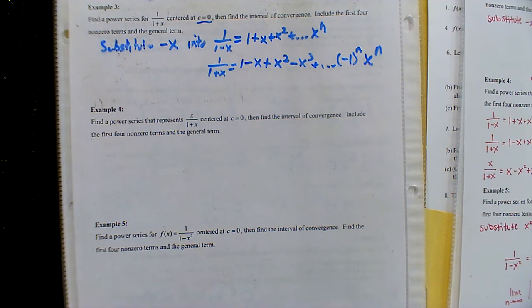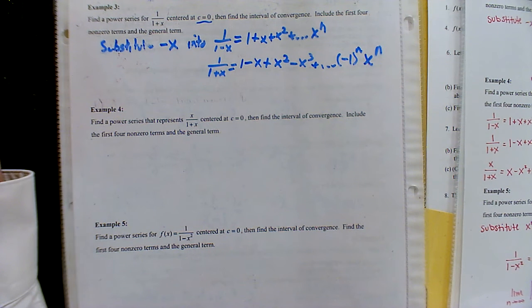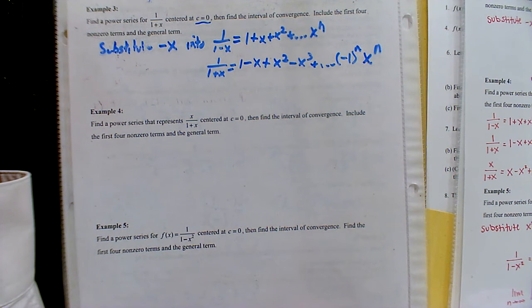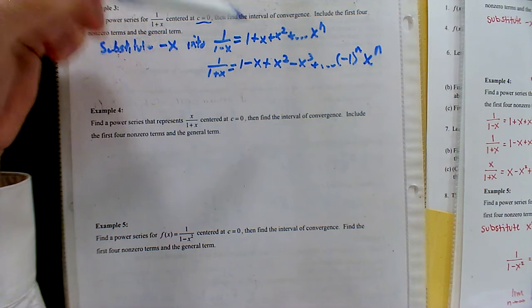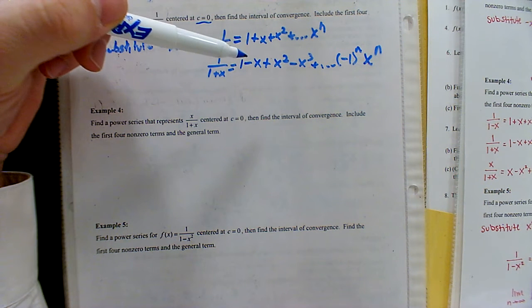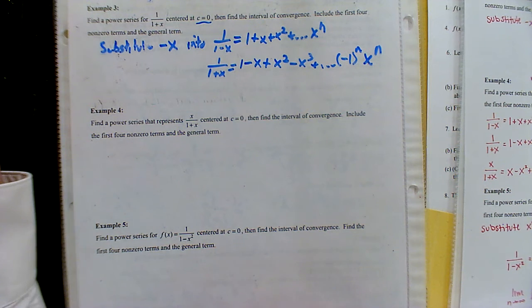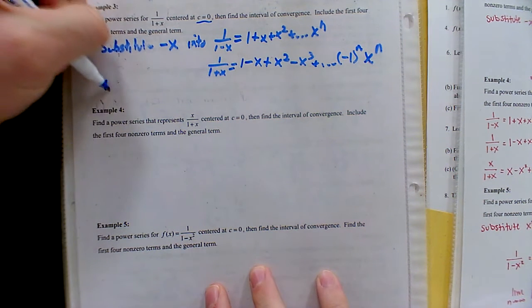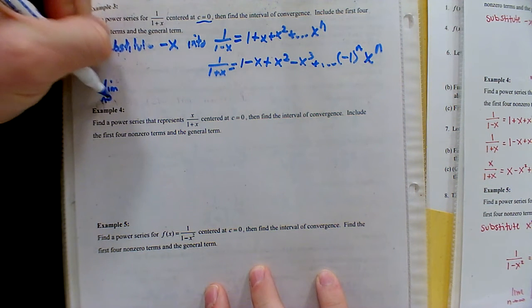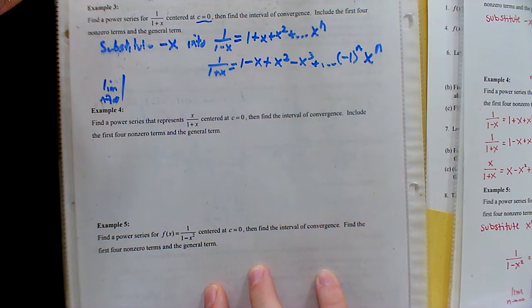We okay with how we found that? Yep. All right, and if you do the same thing again, they want 4 non-zero terms and the general term, we did that, and finding the interval of convergence. Again, ratio test. So if you think of the ratio test, limit, n going to infinity, absolute value, that gets rid of your alternator.